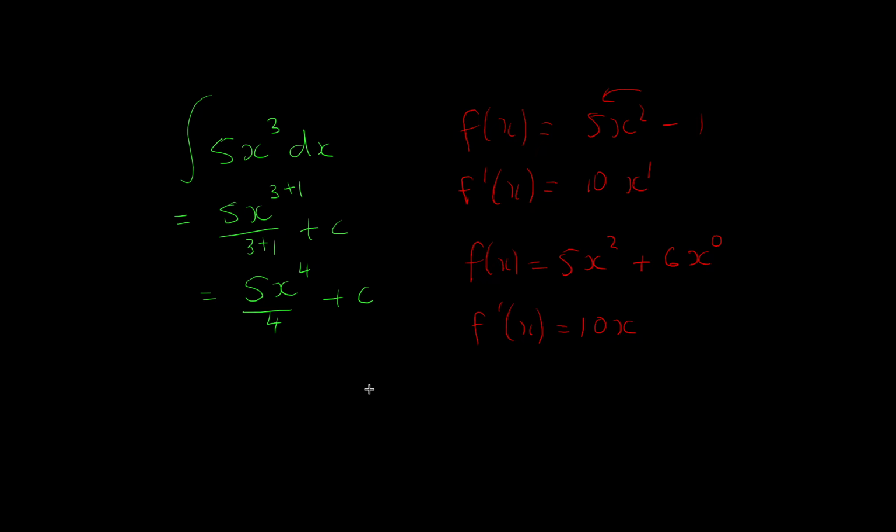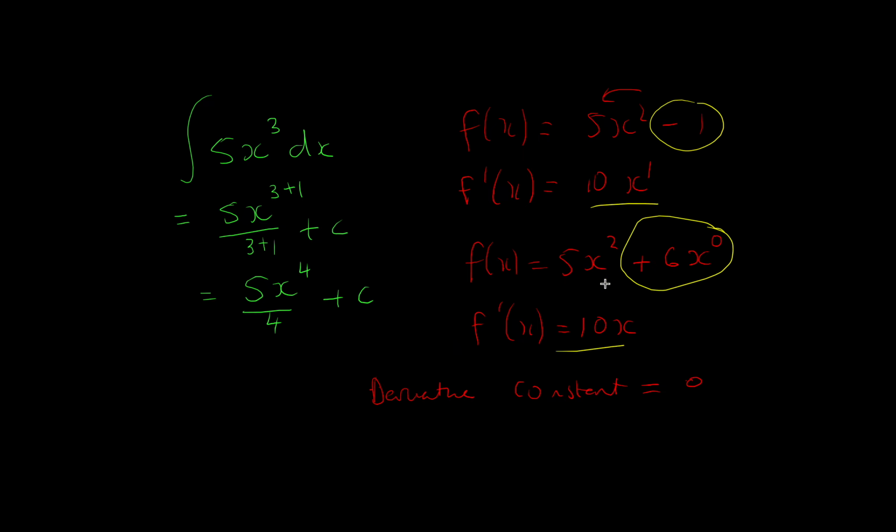So we can say the derivative of a constant is always equal to 0. You can see that in this case we had minus 1, and in this case we had plus 6, and the answer of both of these is just 10x. So let's go back to the integral of this 10x.